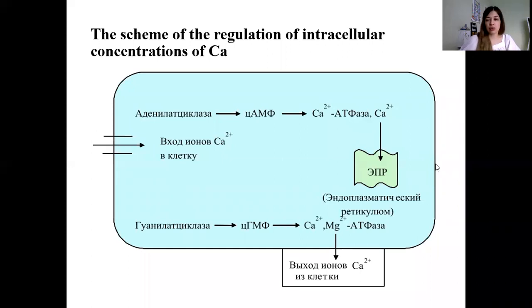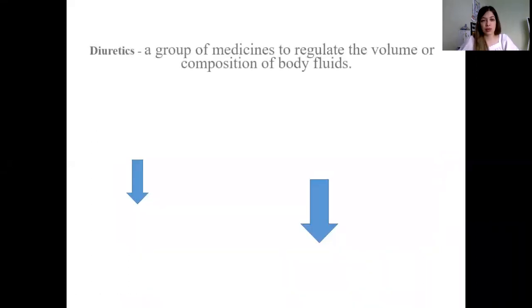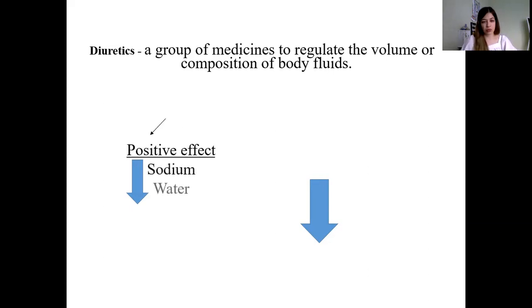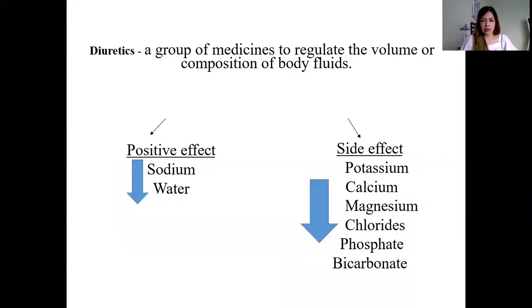Okay, going next to the diuretics. Diuretics are a group of medicines that regulate the volume and composition of body fluids. They have some positive effects and some negative effects on our body.